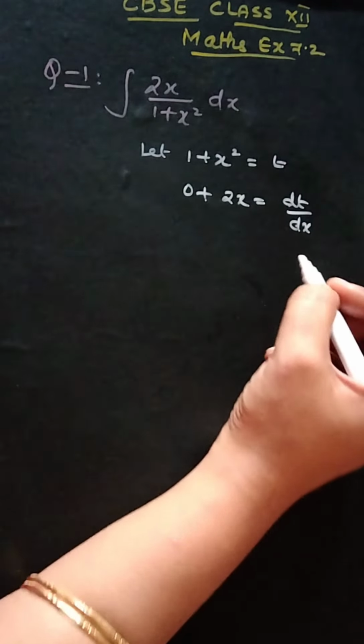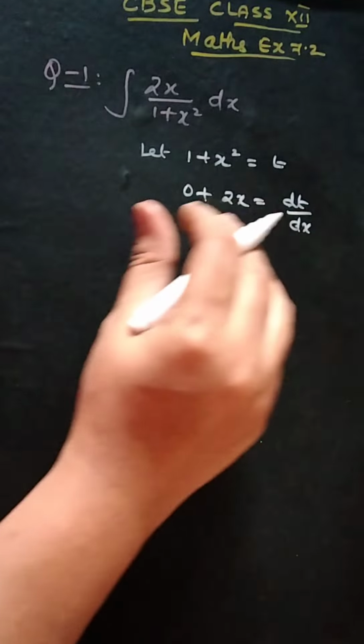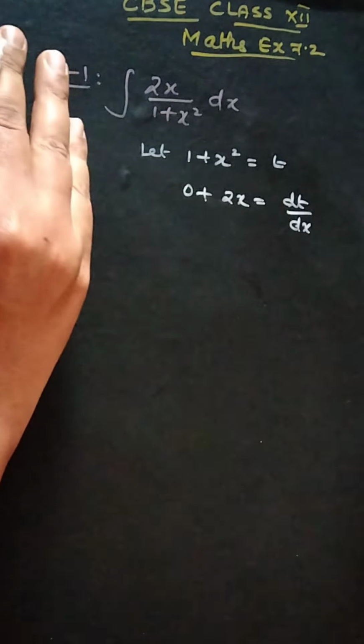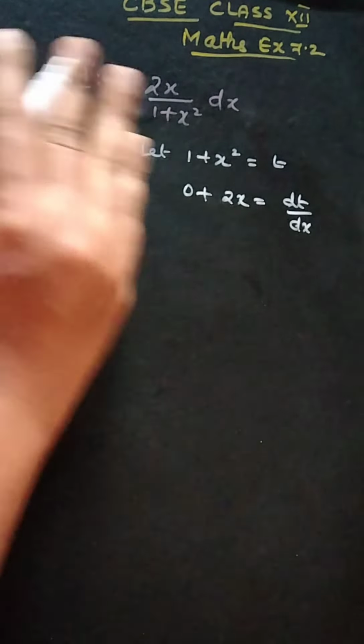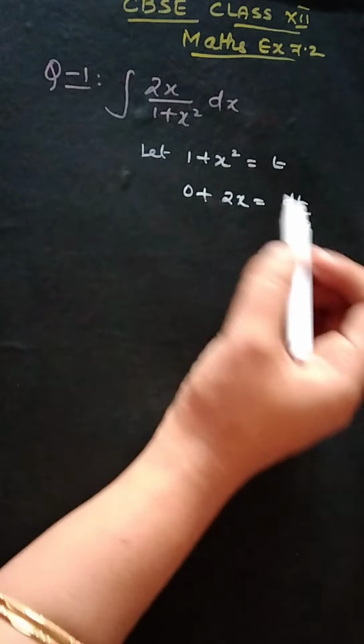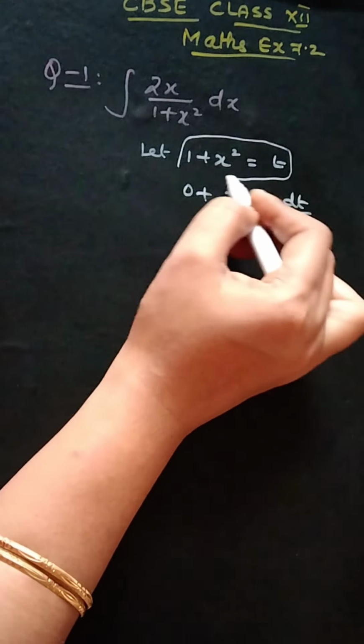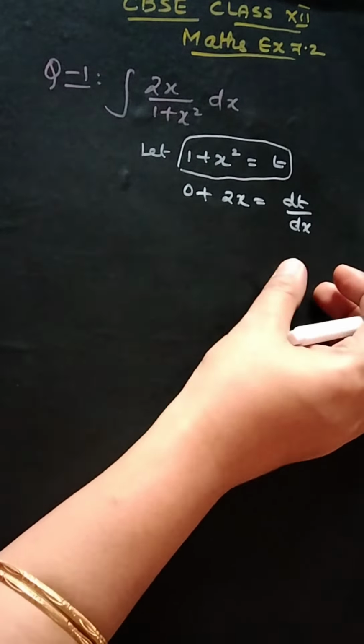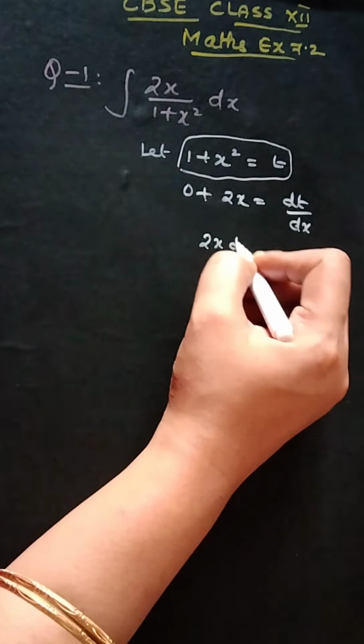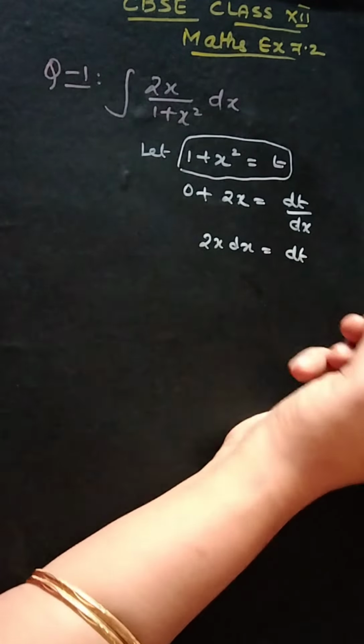Cross multiply this dx. This means we are going to substitute all the terms in x in terms of t. Okay, so that is what we have assumed here. Same way for the derivatives also. So 2x into dx is equal to dt.